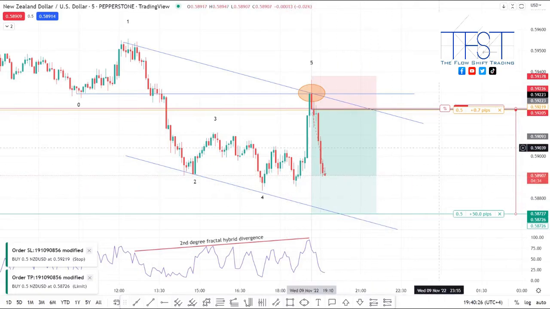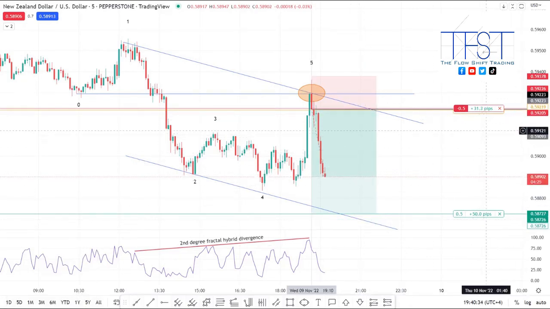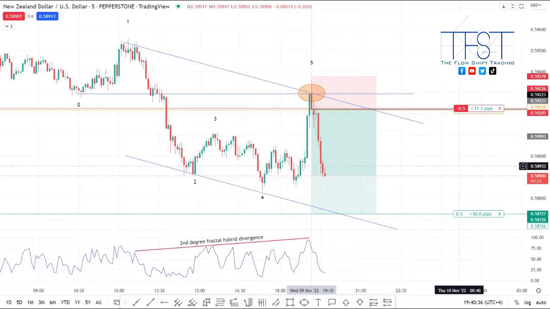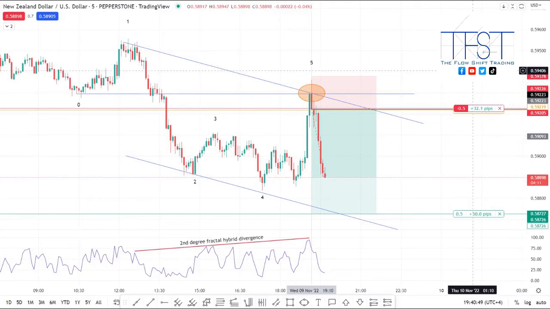And tingin ko naman dito konting kembot na lang to. Alright? So, hindi ko na maantay siguro to matapos. I-post ko na lang siguro kung ma-hit or dalawa lang naman pupuntahan ng price lagi. Either ma-hit yung target or ma-hit yung stop loss. Alright? So, we'll see how this trade plays out.